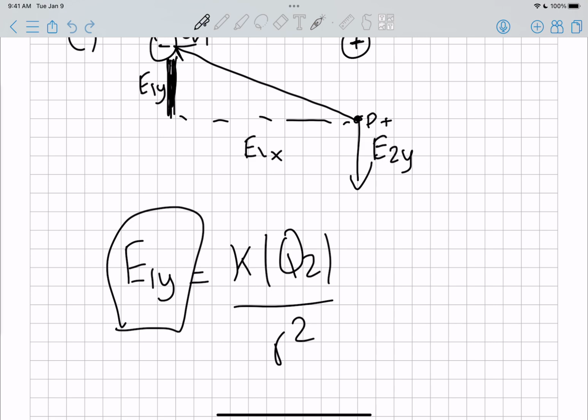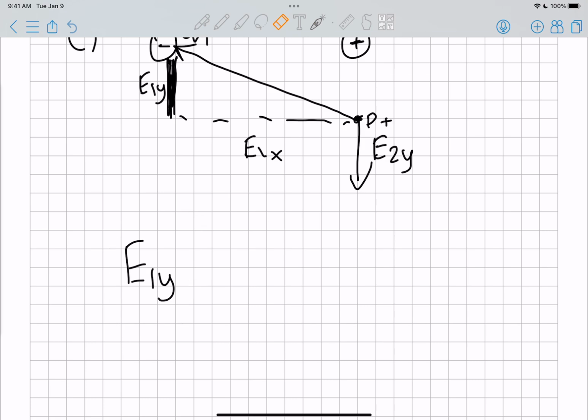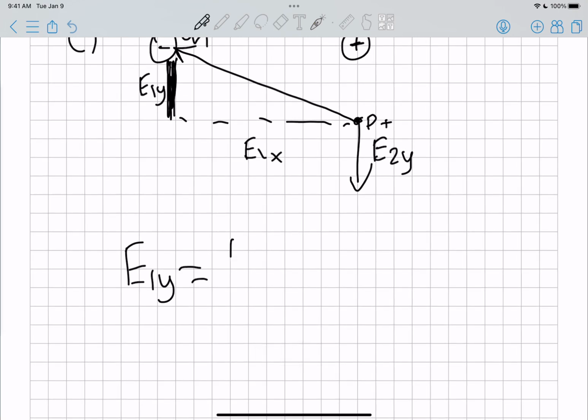Oh, my bad. They're not asking for the charge on Q. They're asking just for the electric field that's generated by Q. And so the electric field generated by Q, EQ, would be equal to E1y, but downwards.